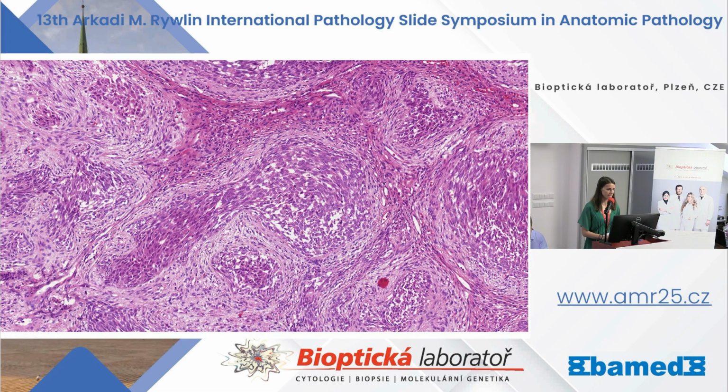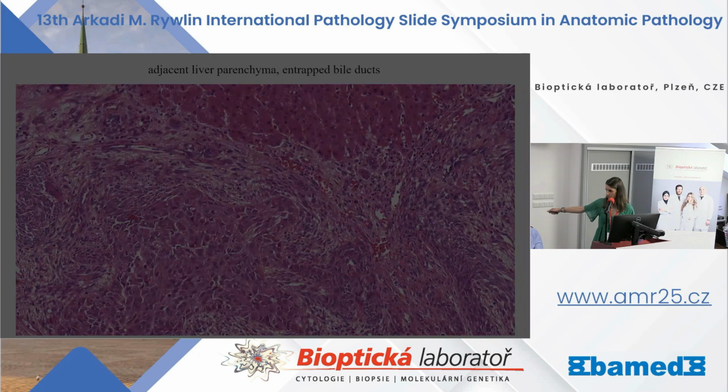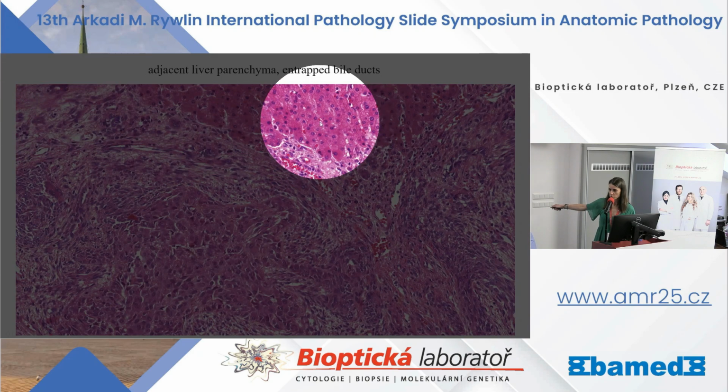Here is more or less the same picture, so epithelioid to spindle tumor cells and myofibroblastic stroma surrounding each pack of tumor cells. At this slide, there is also adjacent liver parenchyma, which was completely normal.